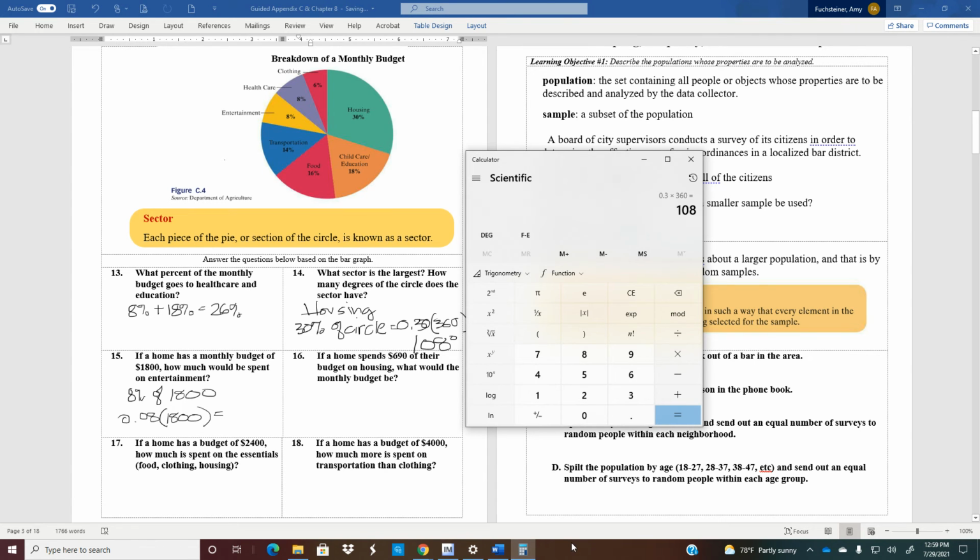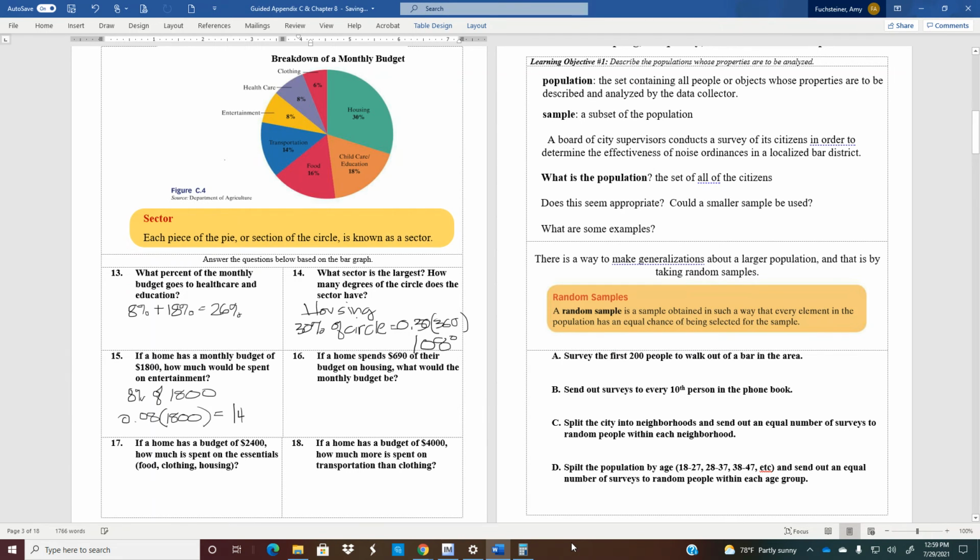I'm going to grab the calculator and do 1,800 times 0.08 to get a monthly budget of $144 for entertainment. That doesn't sound too bad. I don't think I spend that on entertainment, but I'm not a gamer, so that part never happens. But maybe if we count some things like some of my Hulu or my Netflix, that would work.